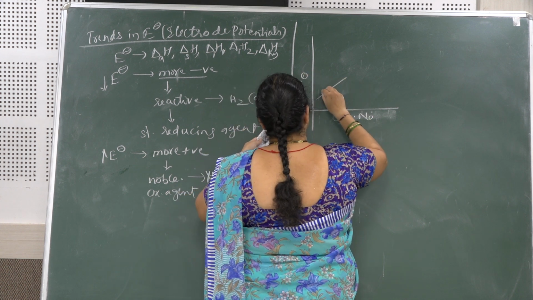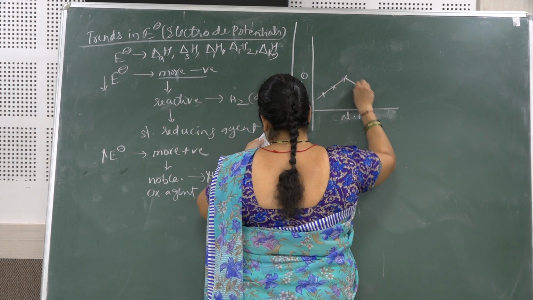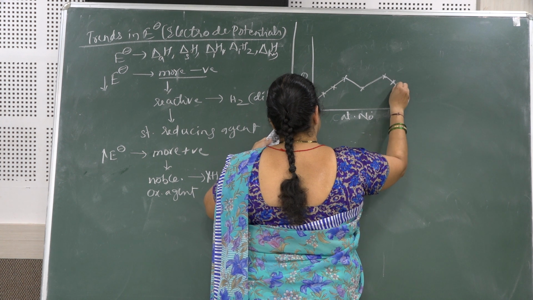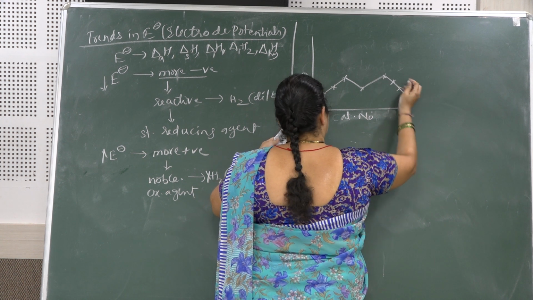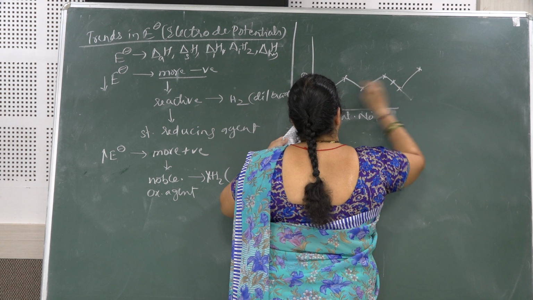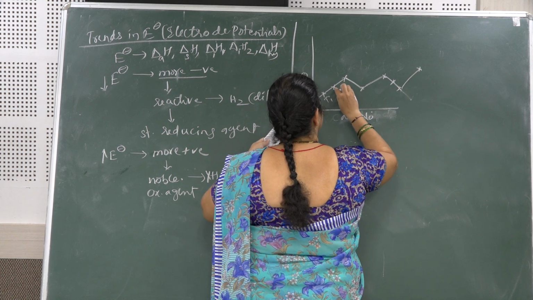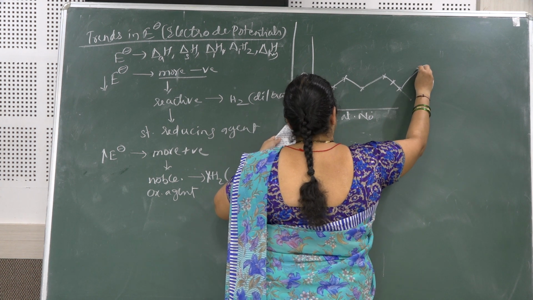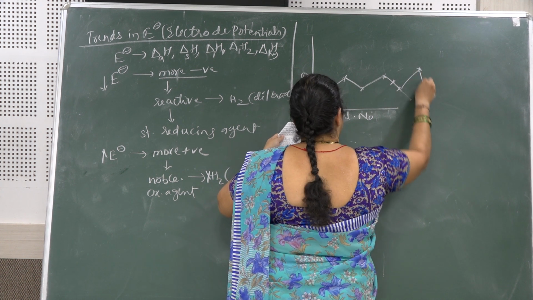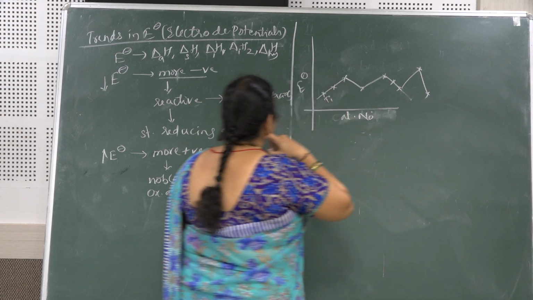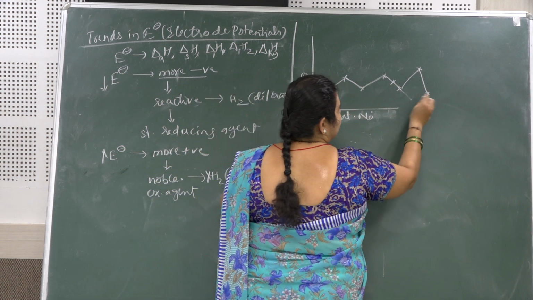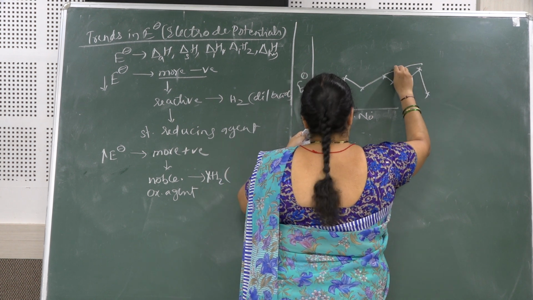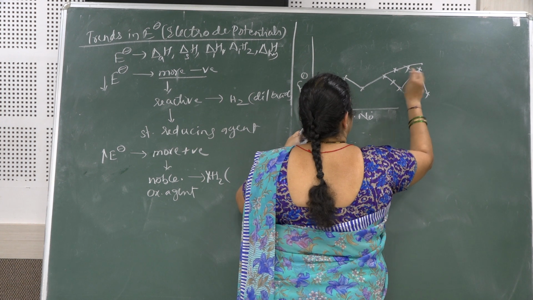This is the graph, with titanium and the other elements along the axis. This is the observed trend, and this will be the calculated trend for the elements.